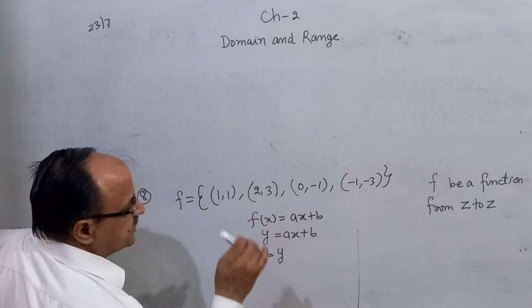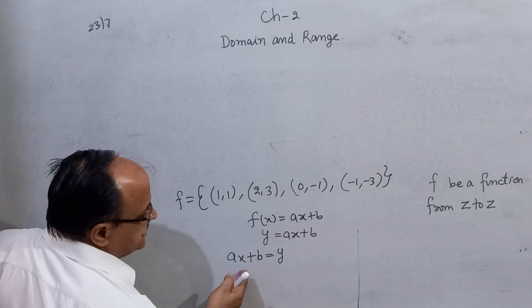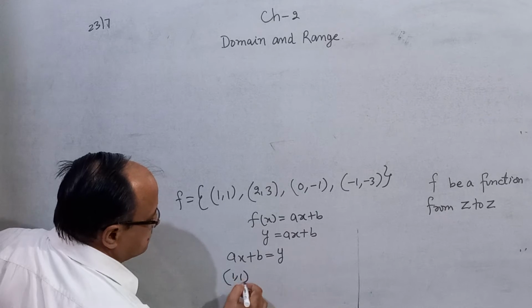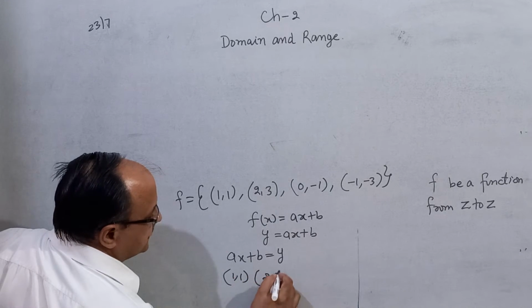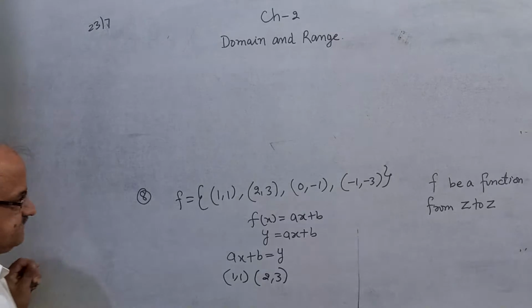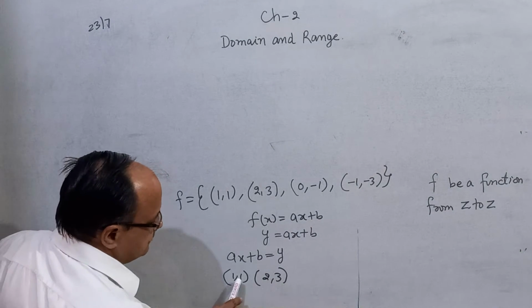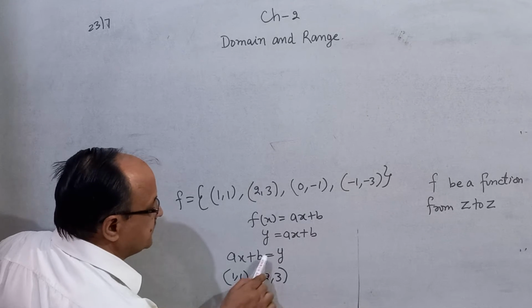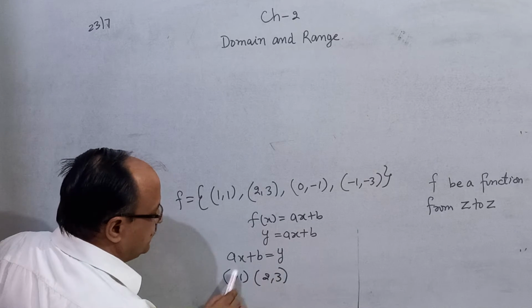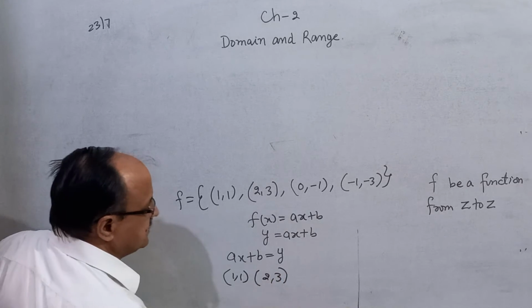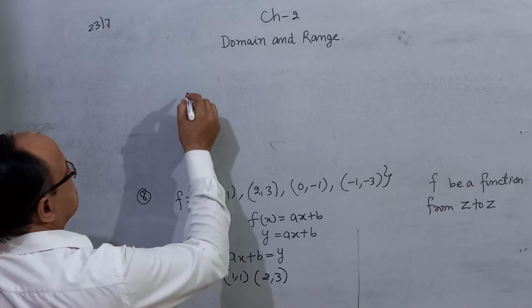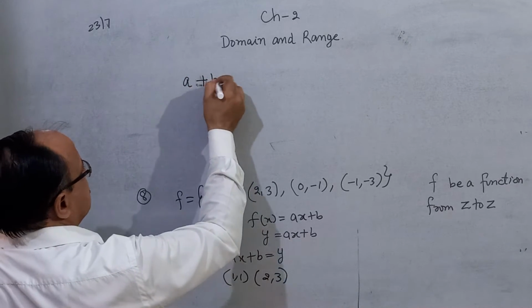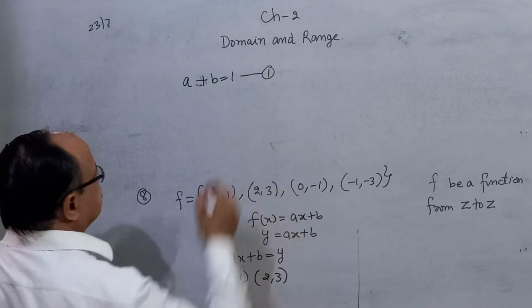Take any two ordered pairs, because all the ordered pairs satisfy this function. So I take the ordered pairs (1, 1) and (2, 3). Now put the value of x as 1 and y as 1. The equation becomes a plus b is equal to 1. This is the first equation.